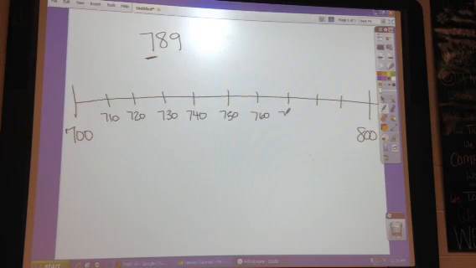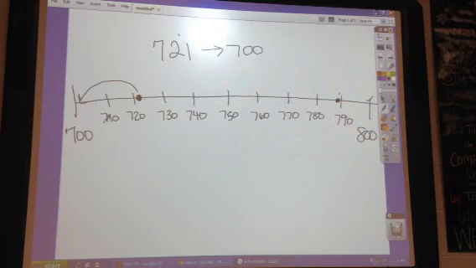So we'll jot those down in between, and then 789 would be about right here, and it would round up to 790. If we change this number to, let's say, 721, it would go about right here, and this number would actually round down to 700 because it's closer to 700 than it is to 800.